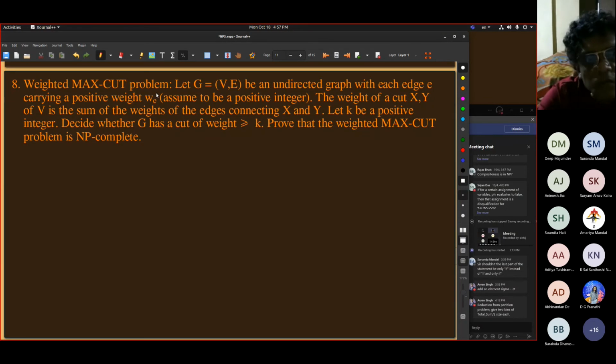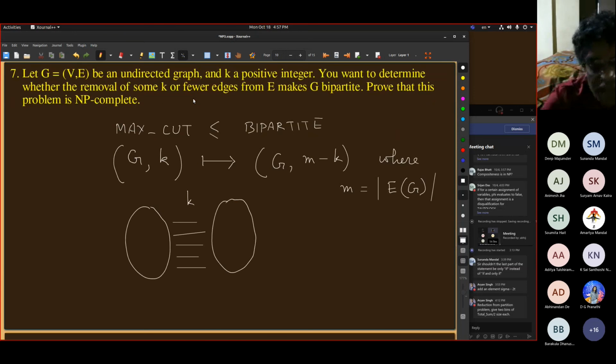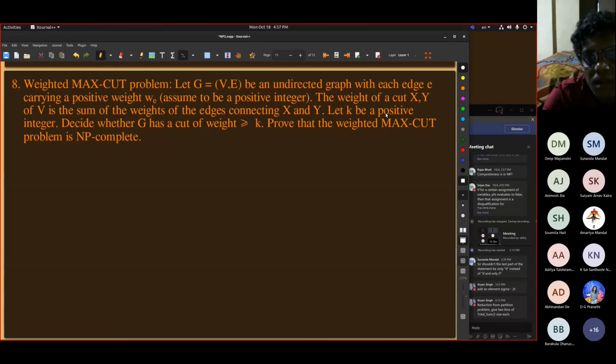If necessary, you can assume that these things are positive integers. So if I have a cut like this, I will add the weight of this plus weight of this plus weight of this and so on. And that sum I want to maximize, or given K, I just ask whether G has a cut of weight greater than or equal to K. So why is this NP complete?